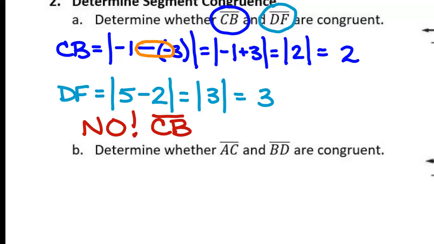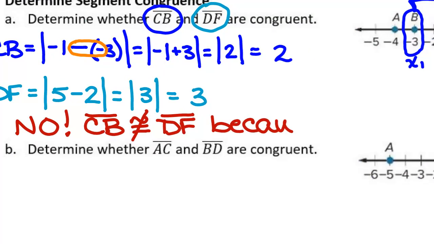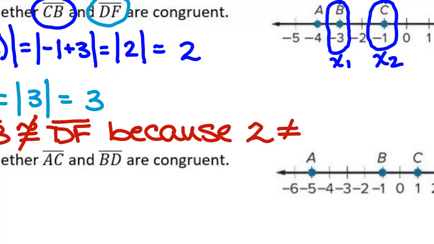CB, with the dash over the top, is not congruent. So I draw the congruent symbol, the equal sign with the squiggle, and then I put a slash through it for not. And then DF. CB is not congruent to DF because 2 does not equal 3.